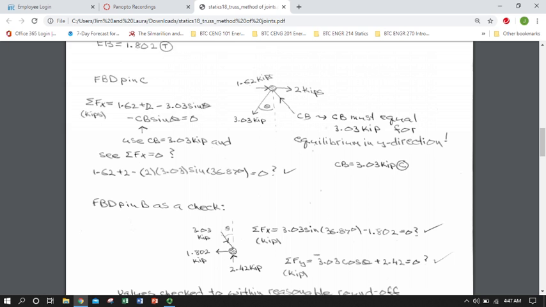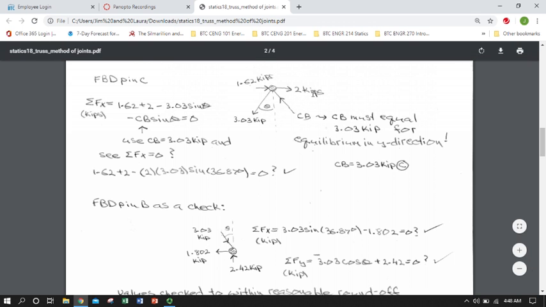So I go through again the equations of equilibrium. The horizontal components of my 3.03 tensile kip force and horizontal component of CB, and then these upper 2 horizontals have to balance, and that will actually give me in a single shot the magnitude of CB, and we find that it is indeed balancing, and it's at 3.03 kips.